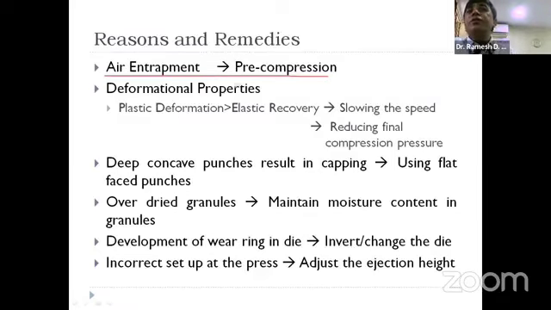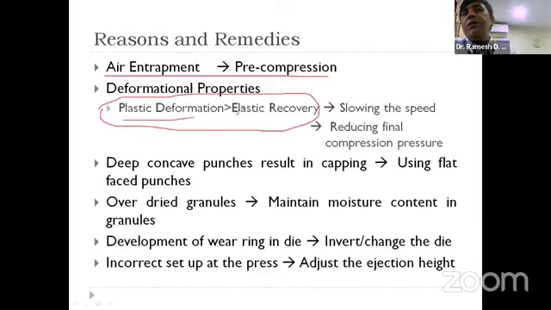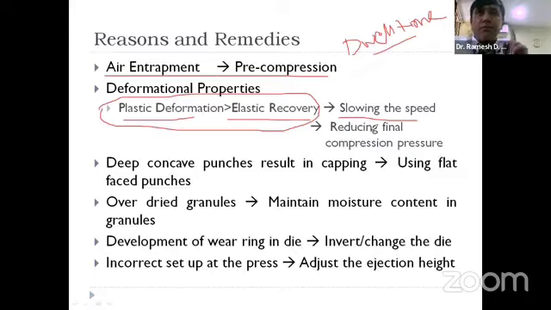Second is the deformational properties, plastic deformation and elastic. When plastic deformation is more than elastic recovery, then we need to slow the speed of the machine. We need to increase the dwell time. Dwell time is the time for which the upper punch remains in the die cavity.